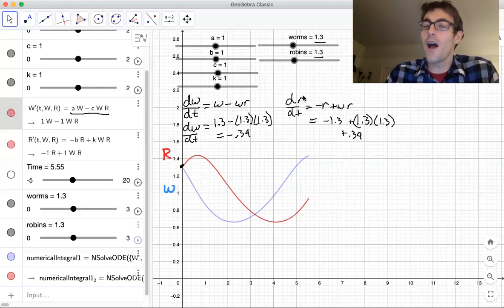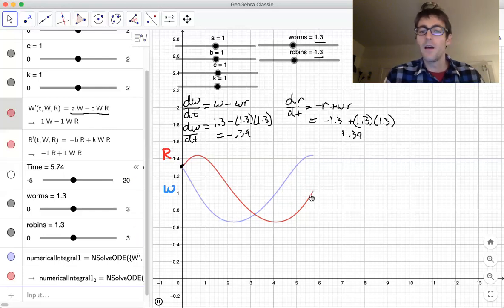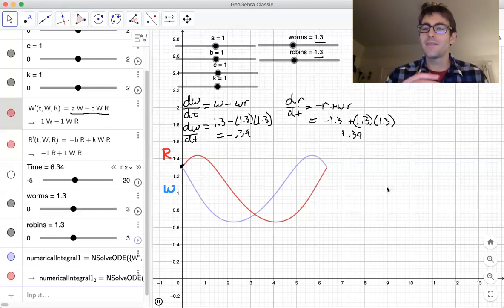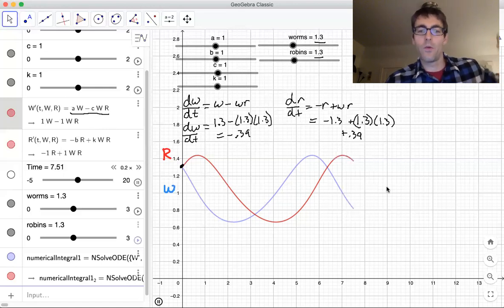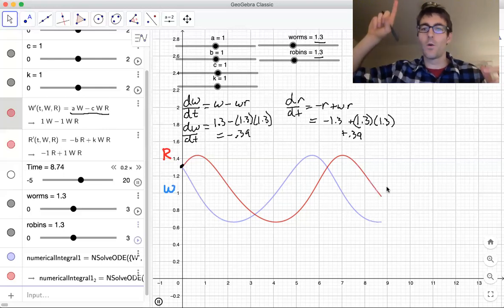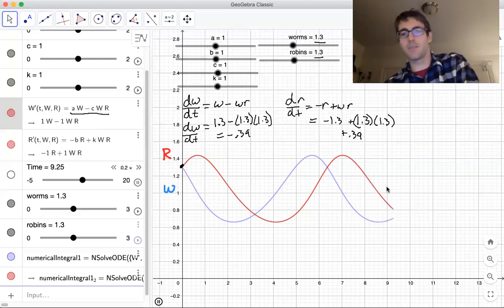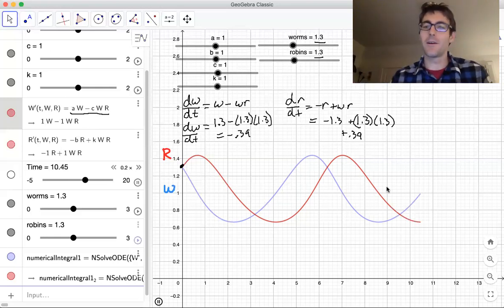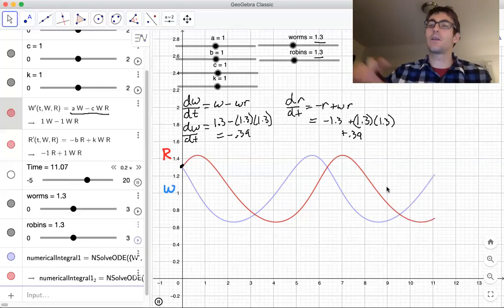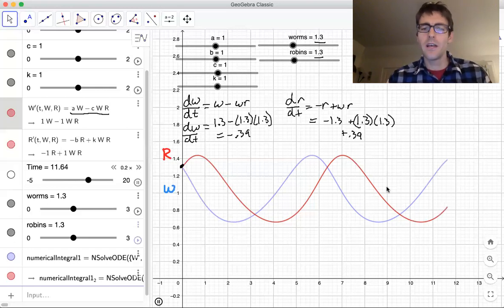As the robins start to rebound as well, that's going to become less true, and we'll see what happens from here. We're going to see that we actually get this cyclic pattern where when the worm population increases, that means the robin population increases, which is going to mean that the worm population decreases, which means the robin population decreases, etc. And so we get this cyclic looking pattern, which ends up being not exactly a sine curve.